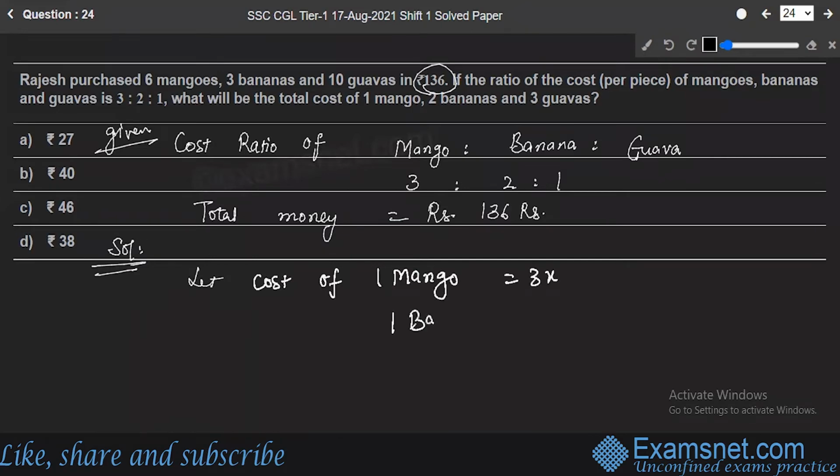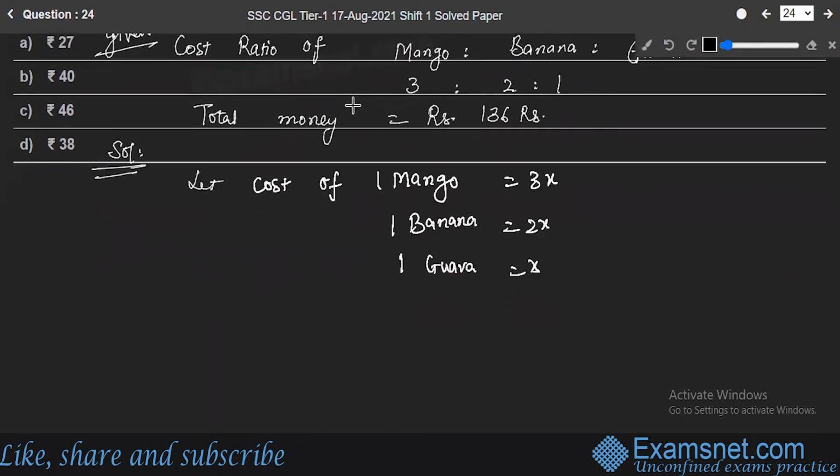Cost of one banana is equal to 2x. Cost of one guava is equal to x. Now according to the question, 6 mangoes cost plus 3 bananas cost plus 10 guavas cost is equal to 136.